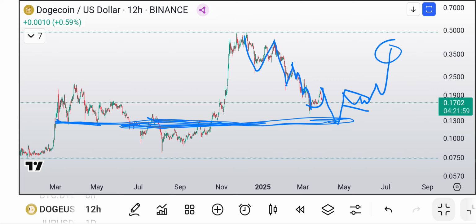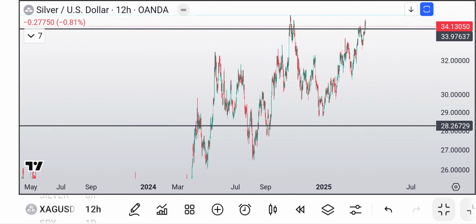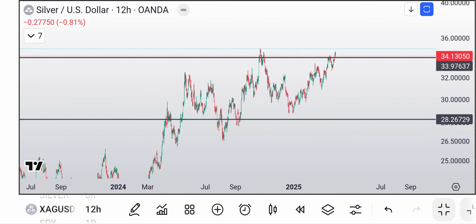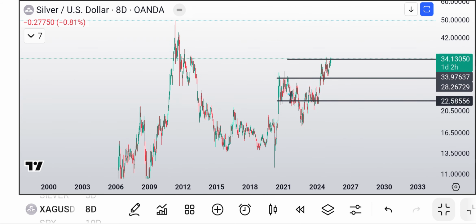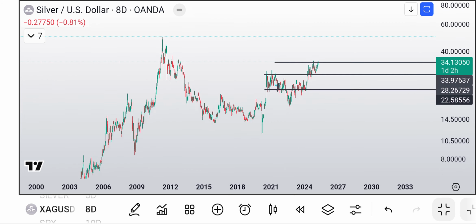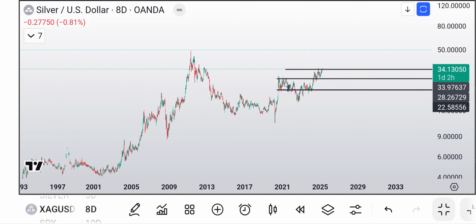So, today's date is 3/30/25, and I will screenshot it. I really want to see silver break out, because I got a lot of silver coins. I mean, not too many, but I really would like to sell them and buy some crypto.